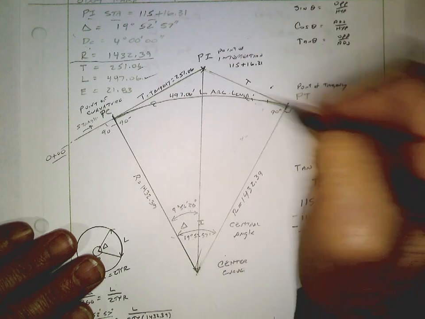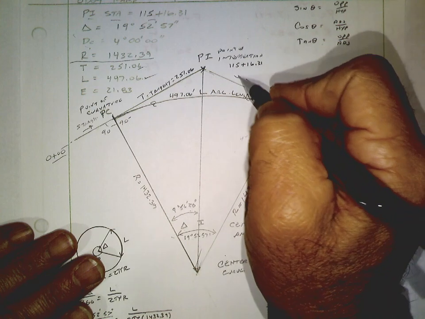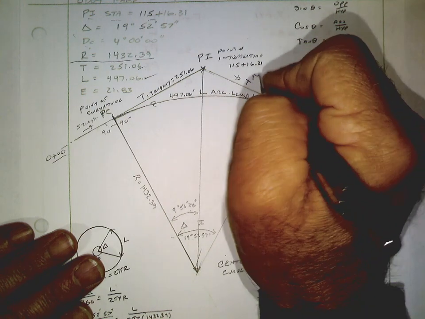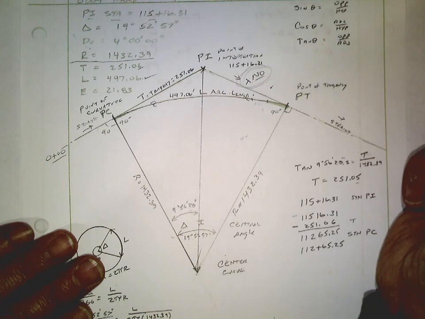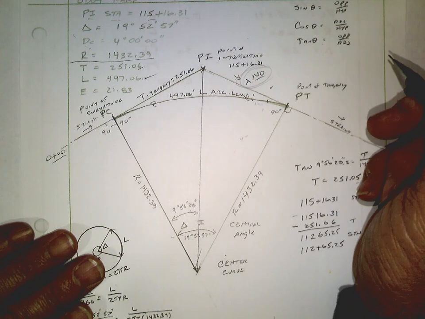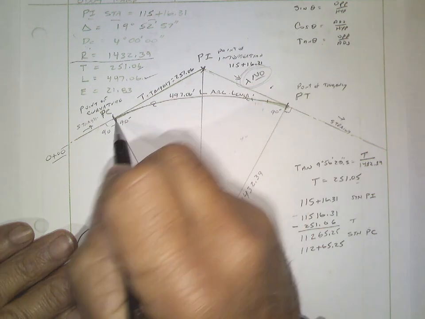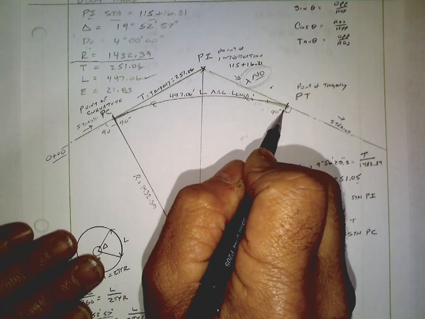Now, we want the station of the PT. What you cannot do is add the tangent and get here. No, cannot do that. What we have to do is take the station of the PC and then work along the curve to get to the station of the PT.